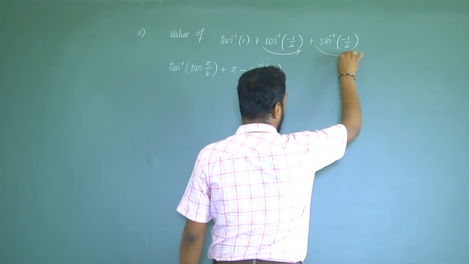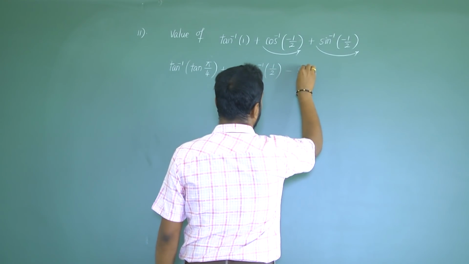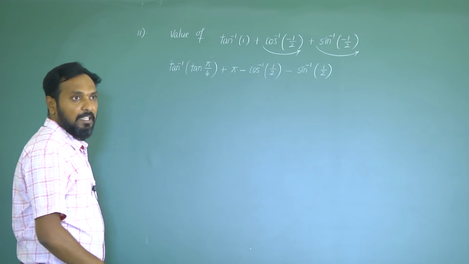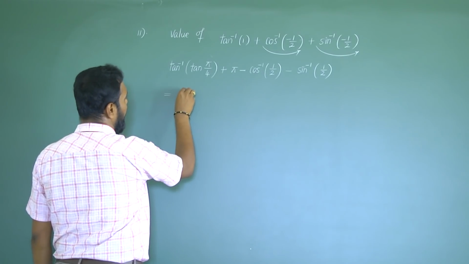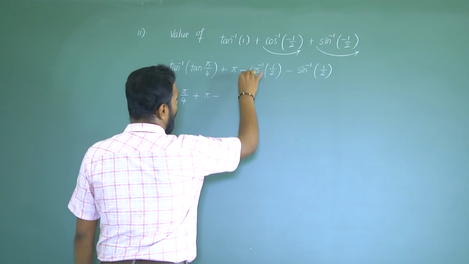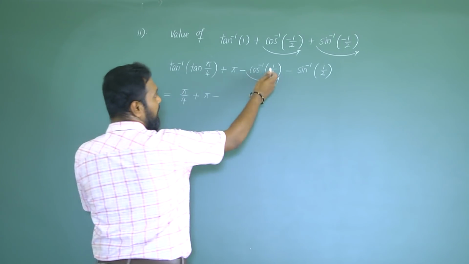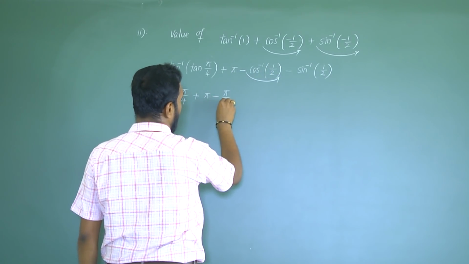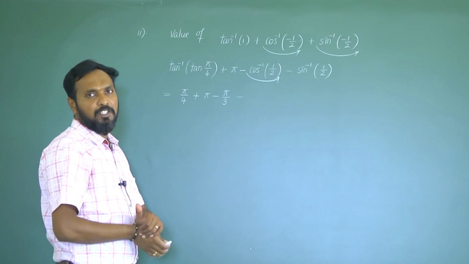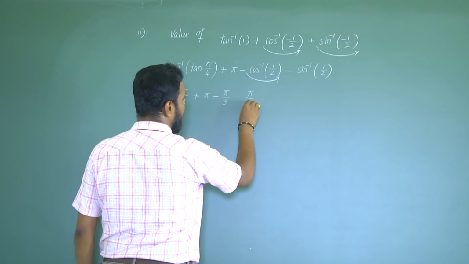Sin inverse of minus x formula, minus sin inverse x, so that it is minus sin inverse 1 by 2. Now tan inverse of tan pi by 4 is pi by 4 plus pi minus cos inverse 1 by 2. If I write directly cos 60 degrees, it is pi by 3, minus sin inverse 1 by 2, which I can write as sine 30 degrees, so that it is pi by 6.